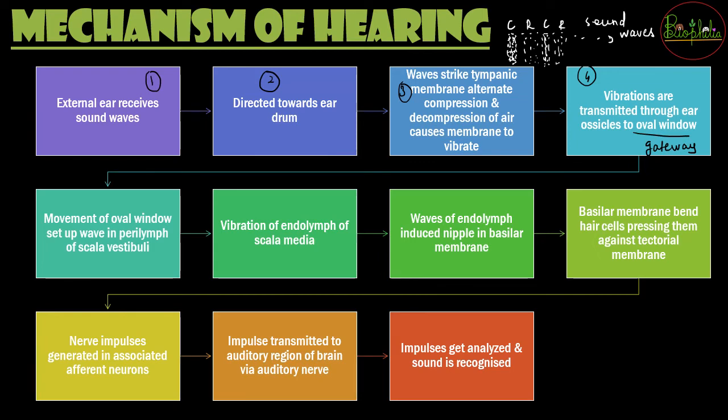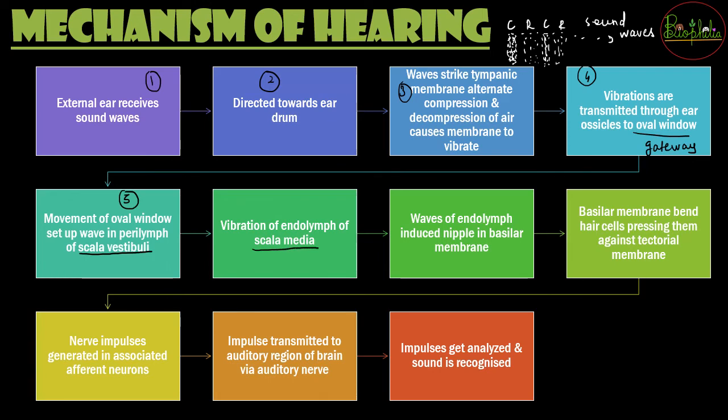Now these vibrations have reached the inner ear, जहाँ पे there is going to be entry to the perilymph of the scala vestibuli, because scala vestibuli was the upper chamber जिसका opening था to the oval window. Now once it has reached into the scala vestibuli, the vibrations are going to go into the endolymph of scala media.